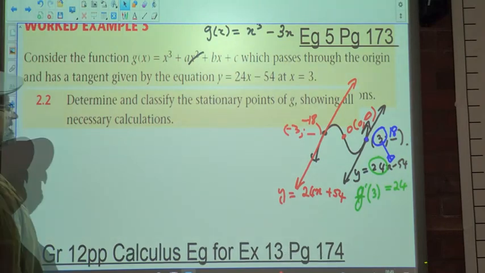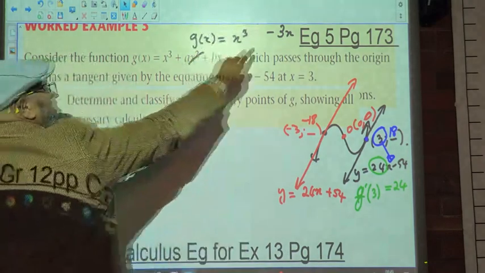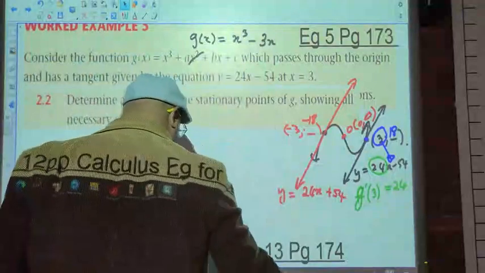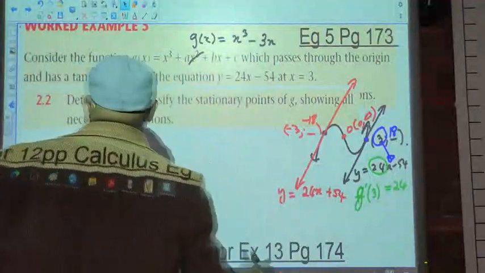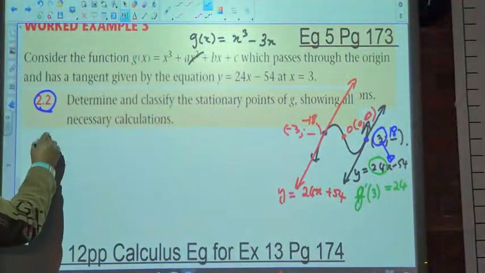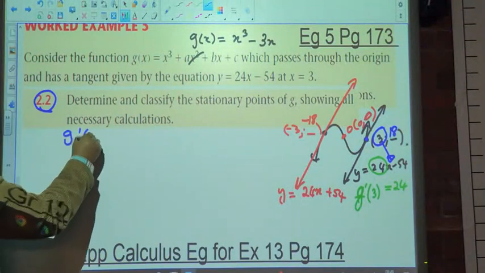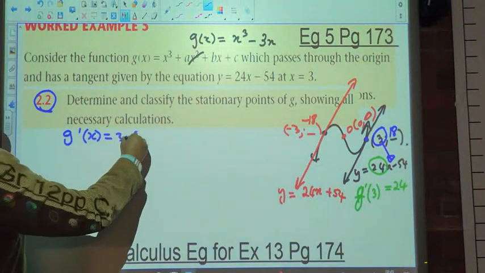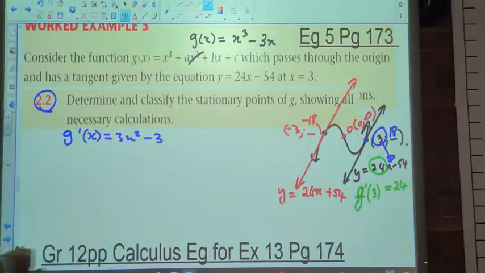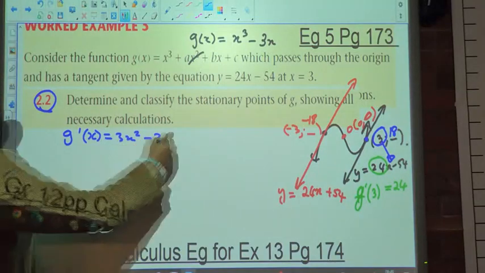So how do I work out my turning point before? First derivative, set it equal to 0. Alright, so we do g prime of x is equal to 3x squared minus 3. Set it equal to 0.